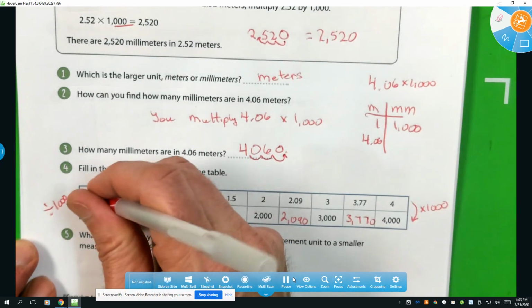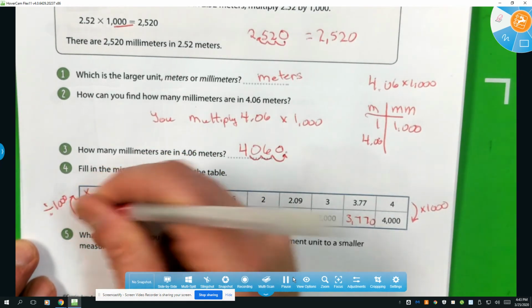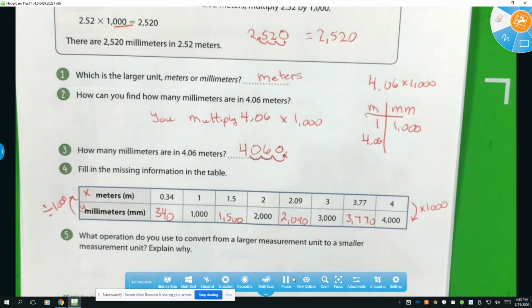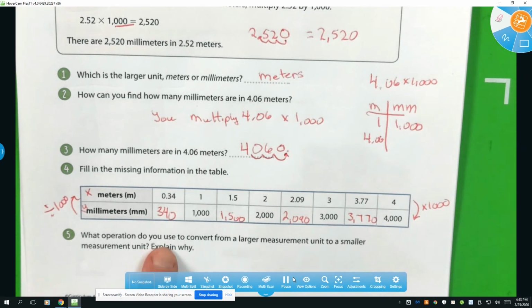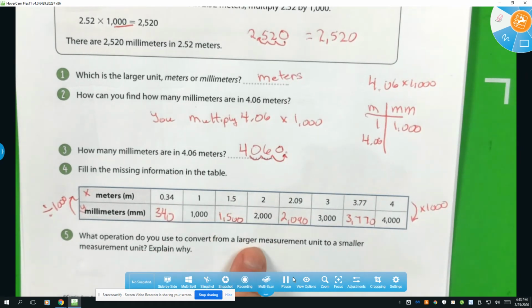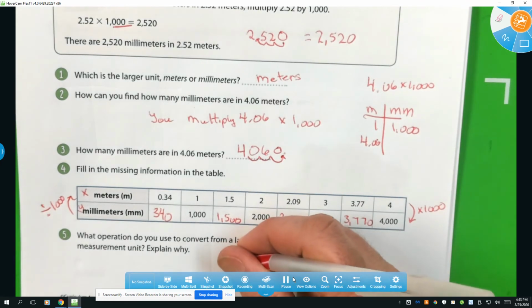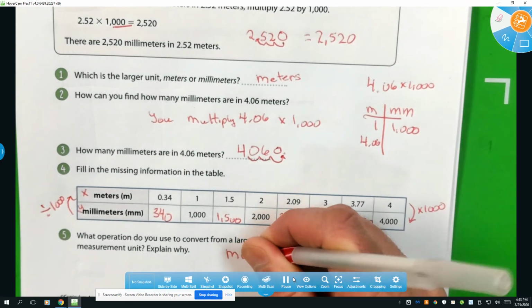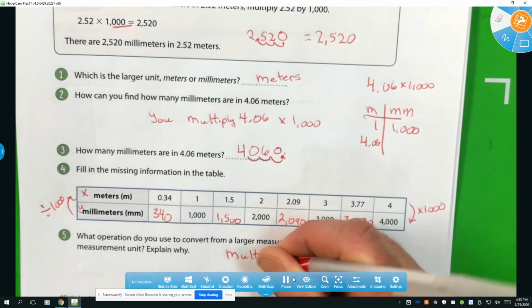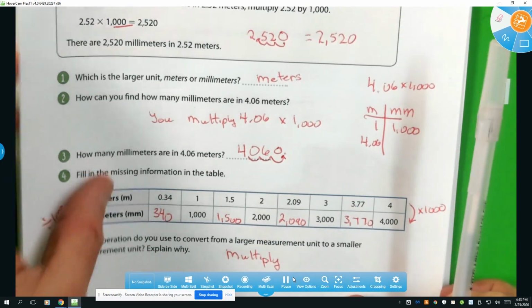Remember, meters would be X, millimeters would be Y. So what operation do you use to convert from the larger to the smaller? You are going to multiply. All right, last page.